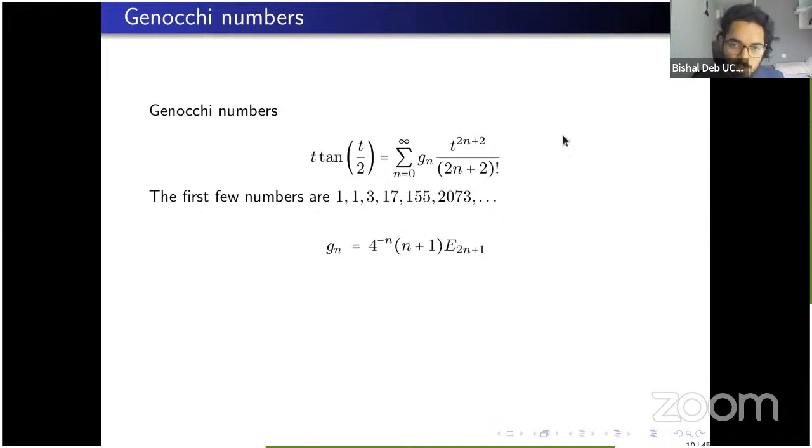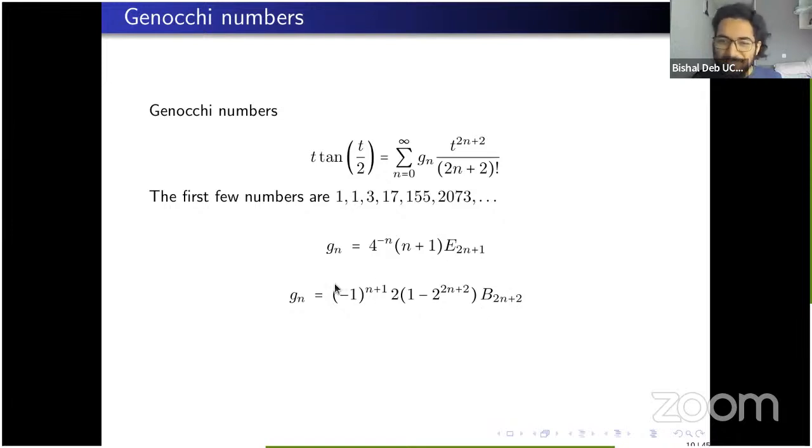From this formula, you can write the Genocchi numbers and relate them to the tangent numbers. So this is the formula. The Genocchi numbers are also related to the Bernoulli numbers through this formula. In our notation, this is the formula.